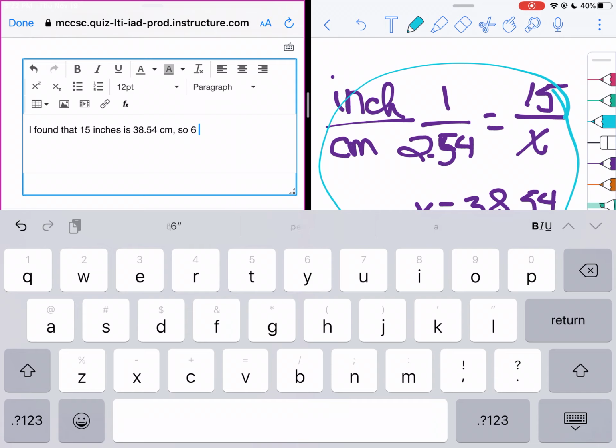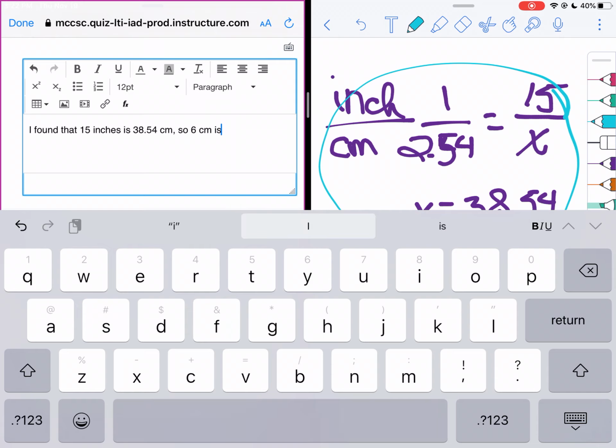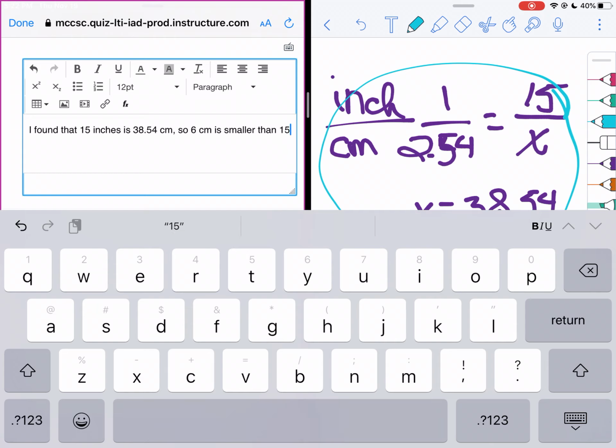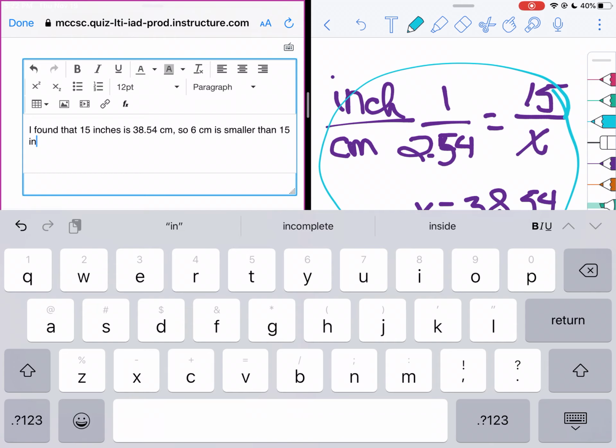So 6 centimeters is smaller than 15 inches. So something along those lines.